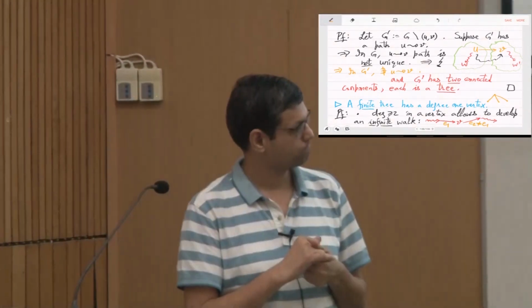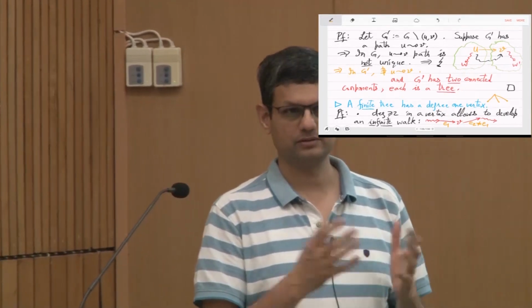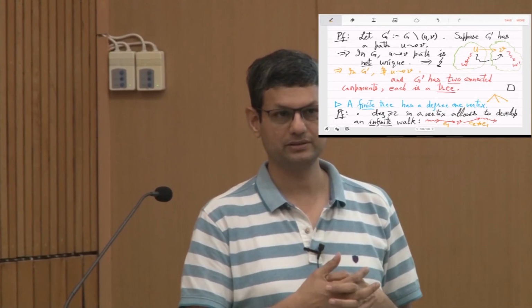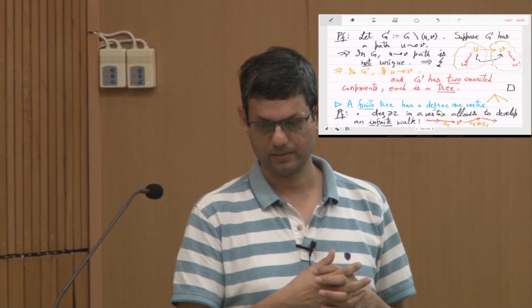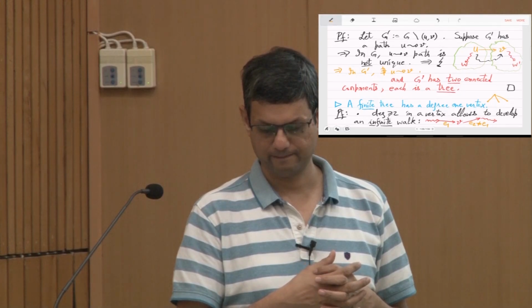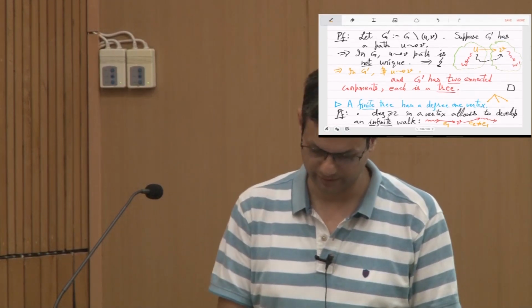And is that enough to show that you will need infinitely many vertices? Yeah, so that is where you will also invoke cycles finally.